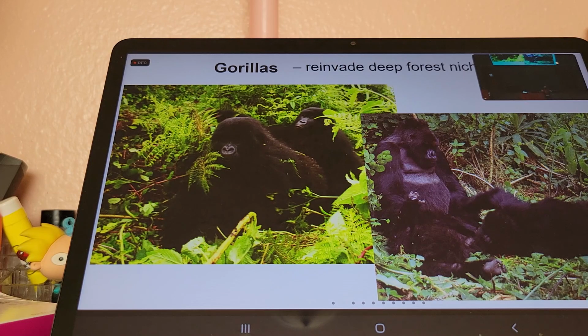Their lives are dictated by this food resource: slow moving, spending most of their time eating and napping during the day, interacting with each other, right? And you have the unimale, one male, multi-female groups in this population. So this is character displacement. This is the ancestor of the gorillas taking themselves out of competition with monkeys.